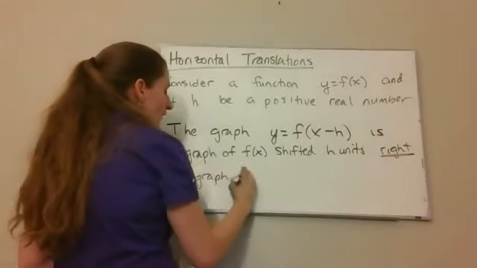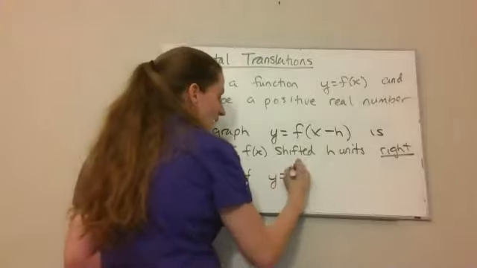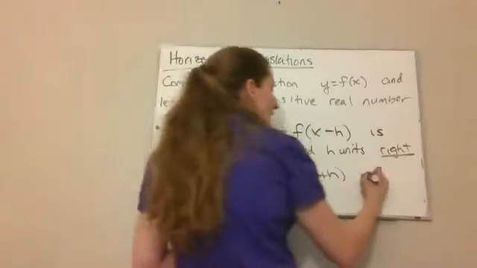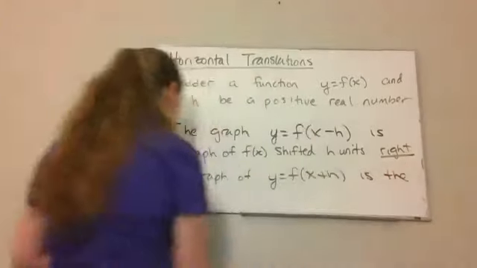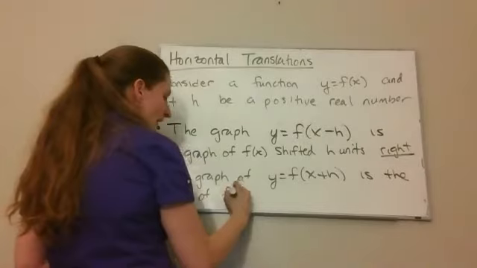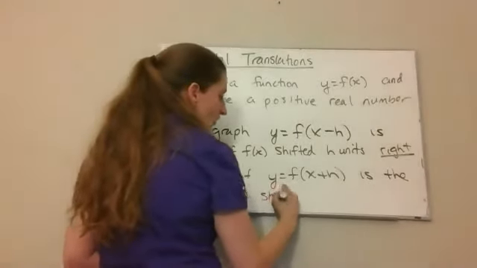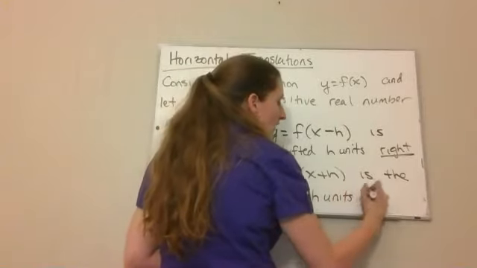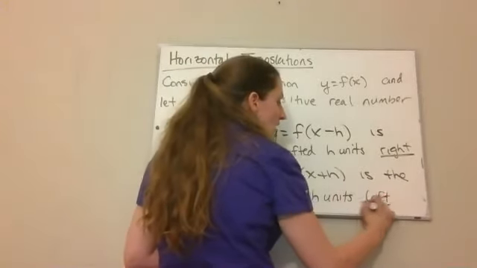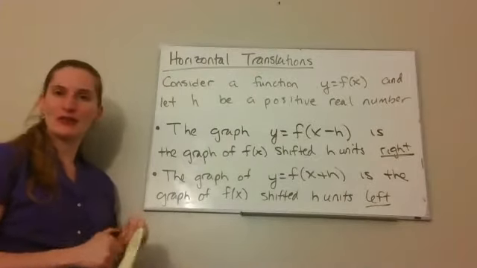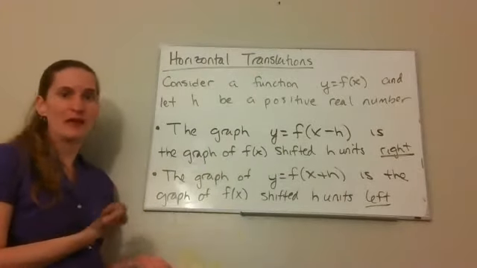And the graph of y equals f of x plus h in parentheses is the graph of f of x shifted h units left. And now I'm underlining that right and that left because I've learned that sometimes this is counterintuitive to a lot of people, myself included.